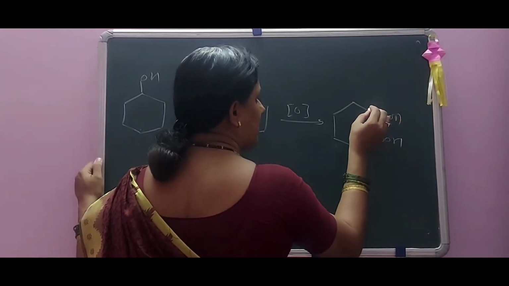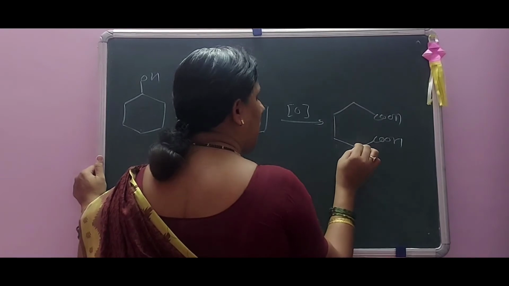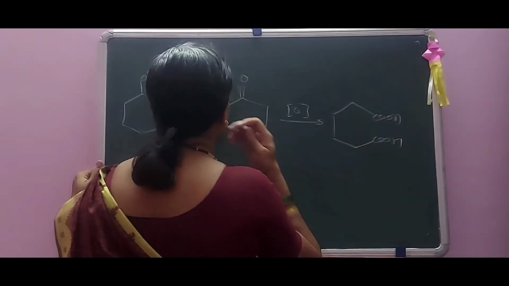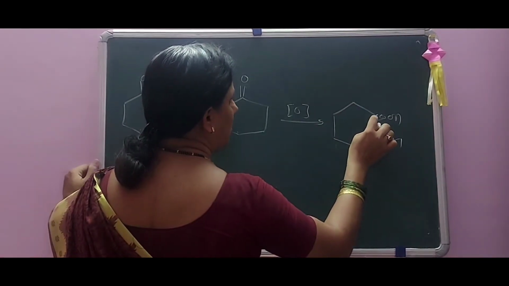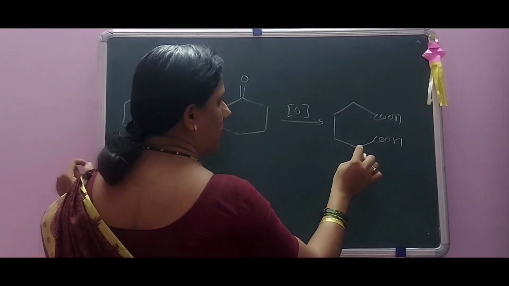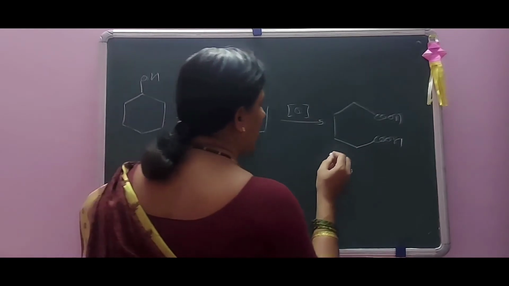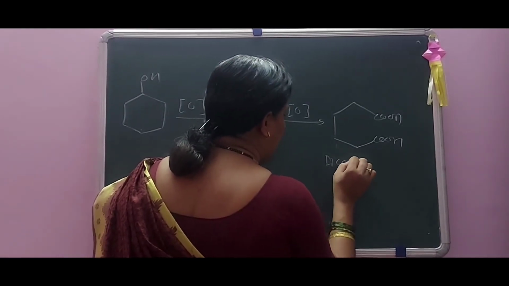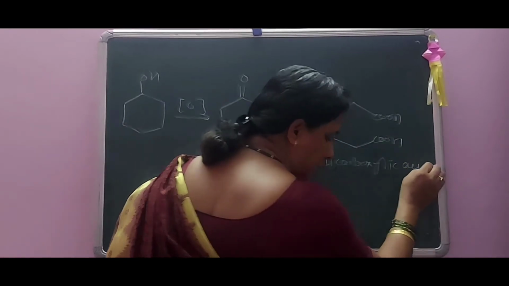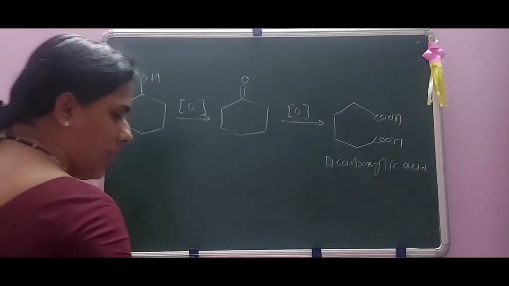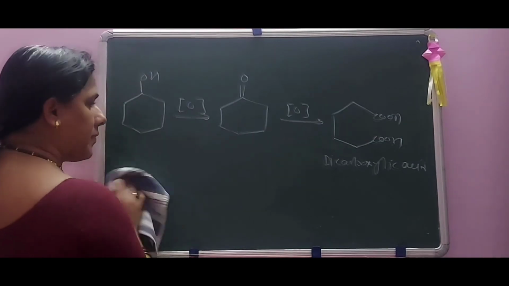How many carbon atoms are here? That is 1, 2, 3, 4, 5 and 6. And that is called a dicarboxylic acid.